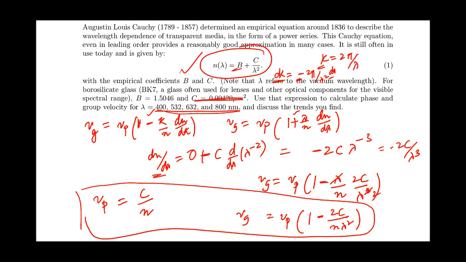So then you can make a table to show how these different wavelengths are varying, right? So recall that this equation is what we are using.